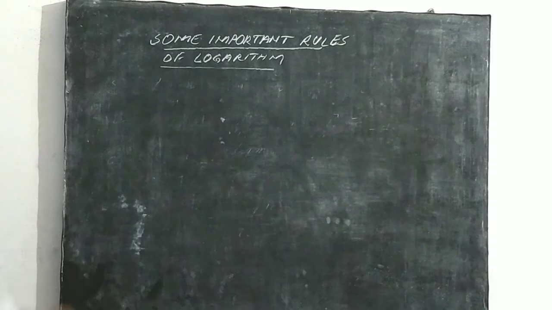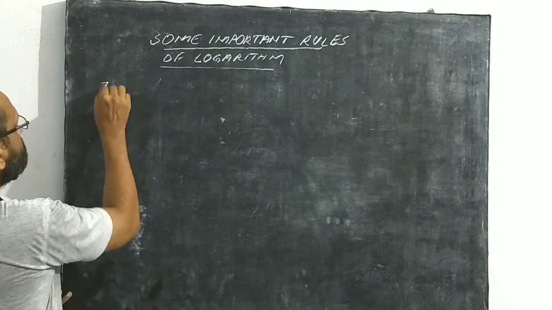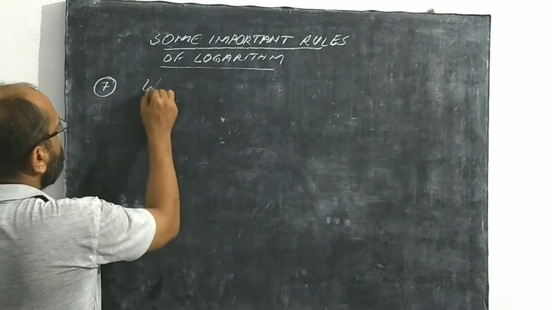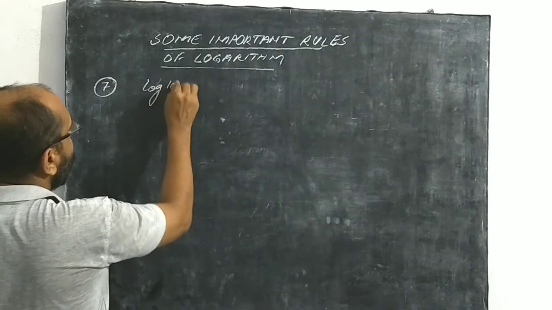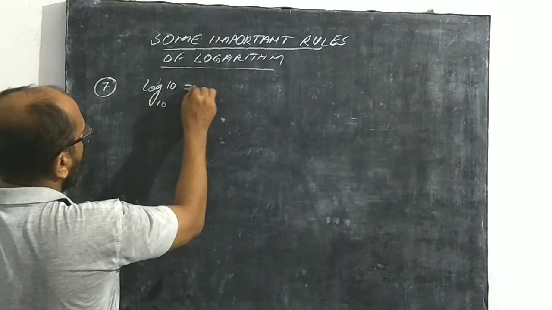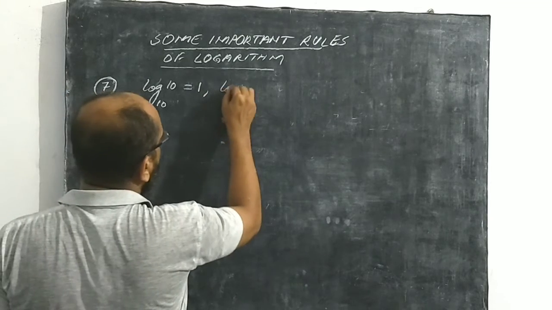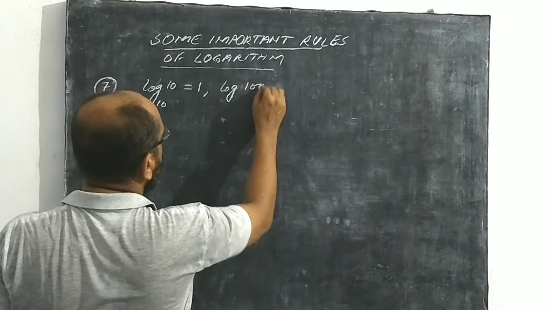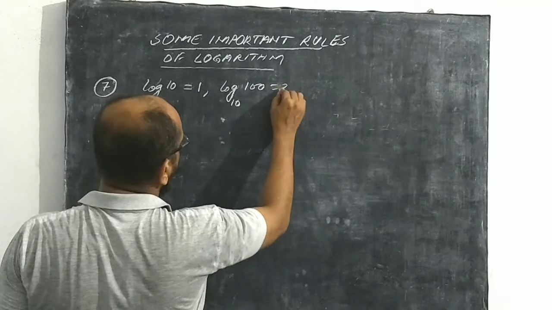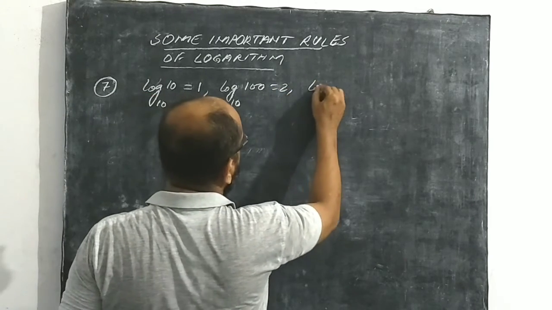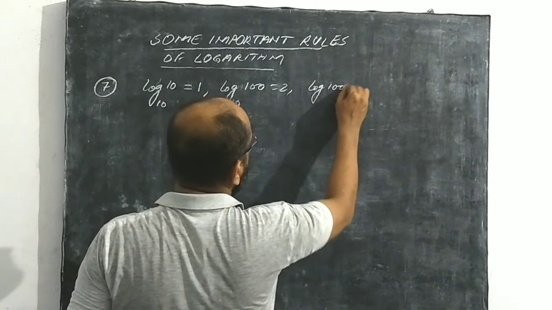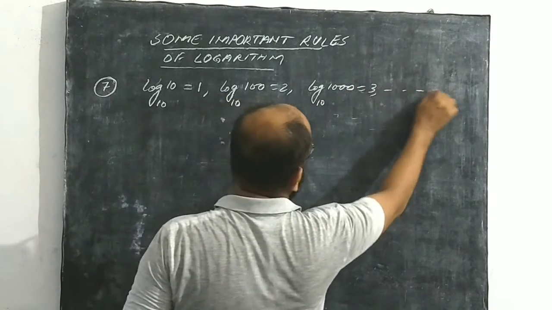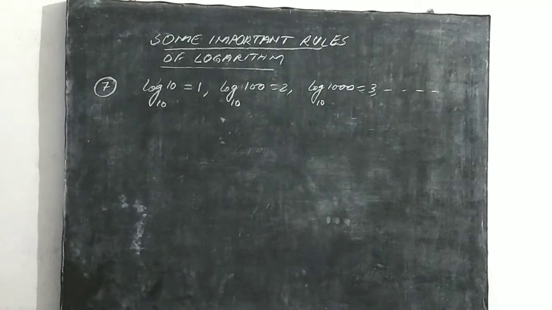Now the seventh law is log 10 base 10 is equal to 1, log 100 base 10 is equal to 2, log 1000 base 10 is equal to 3, and so on. What does it mean?